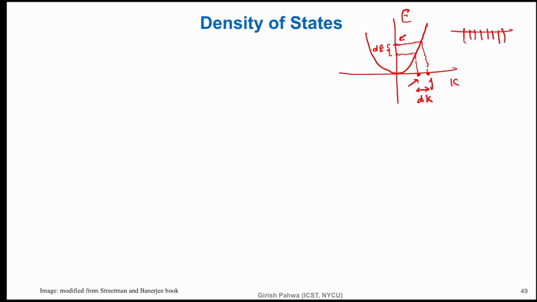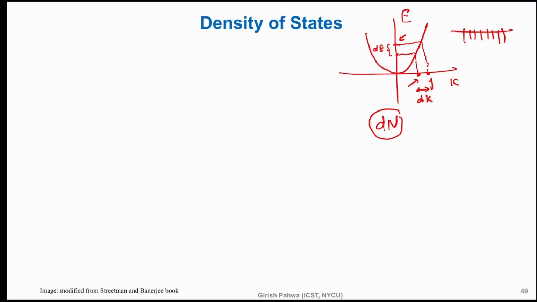Now formally, mathematically, how do we define it? Within this dk, say you have dn number of states. Density of states is defined as the number of states per unit energy per unit volume of the sample.